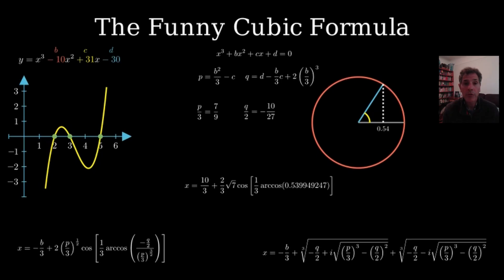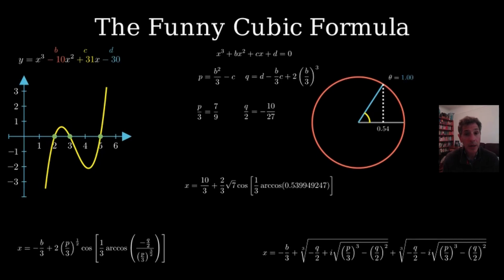This corresponds to an angle of approximately 1.00 radians, but it could also correspond to an angle of 1.00 plus 2 pi radians, or 1.00 plus 4 pi radians. We're going to ignore negative angles in these cases because they produce the same results as the positive angles.